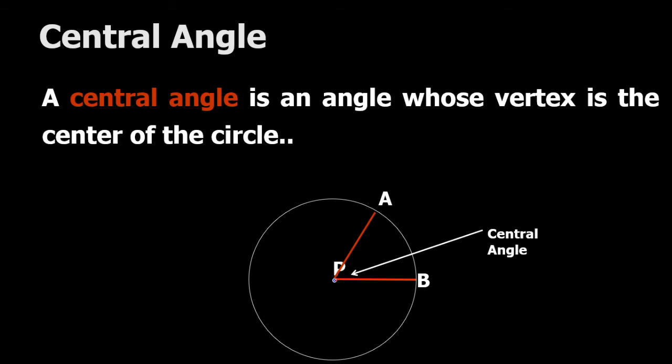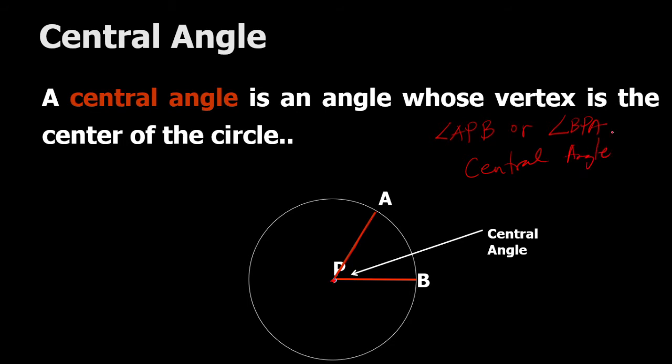So, if point P is the center, and we have radius AP here and radius BP, since they intersect at a common point, which is point P, therefore, angle APB or angle BPA is a central angle.